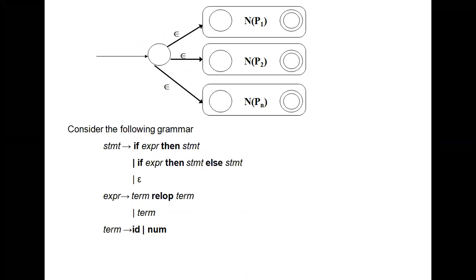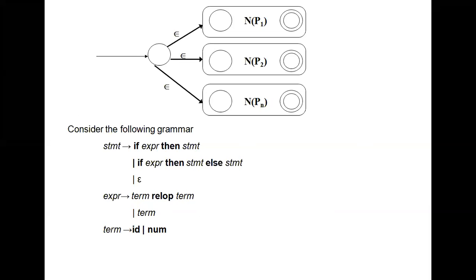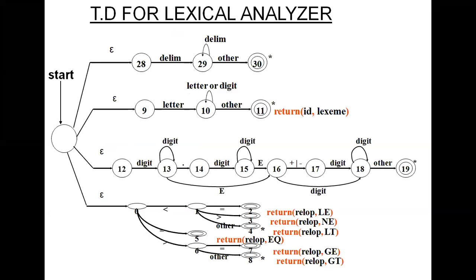For all these inputs, we represent the patterns in the form of transition diagrams. And from the grammar, we represent a transition table, transition diagram for the lexical analyzer.